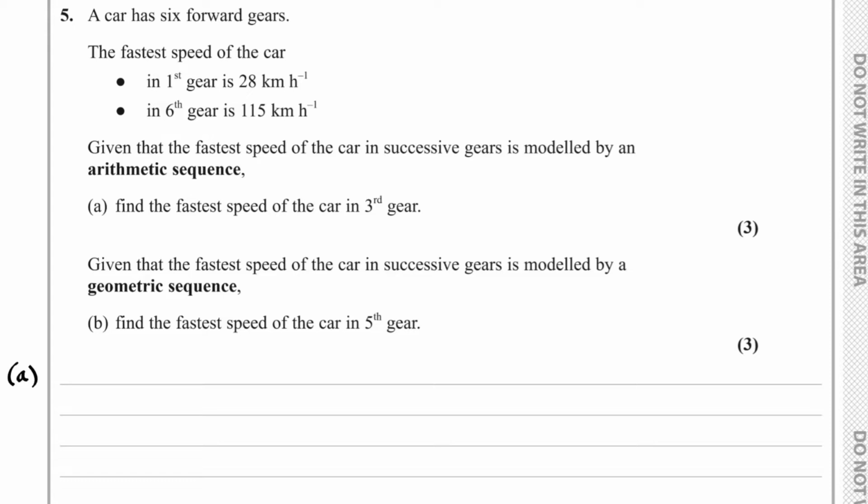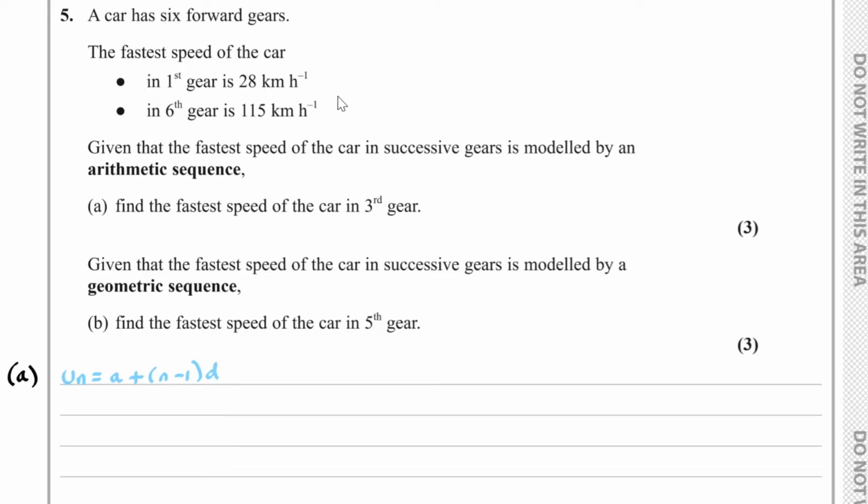So for part A, first of all, you need to recognise that an arithmetic sequence is given by un equals a plus (n minus 1) d, where n is the position, a is the first term, d is the common difference.